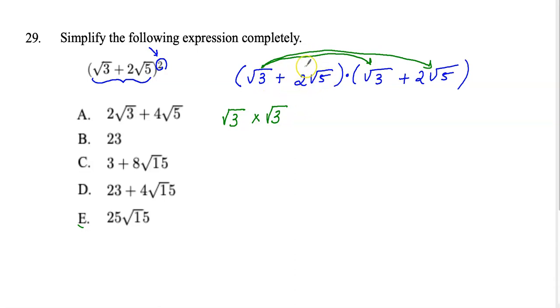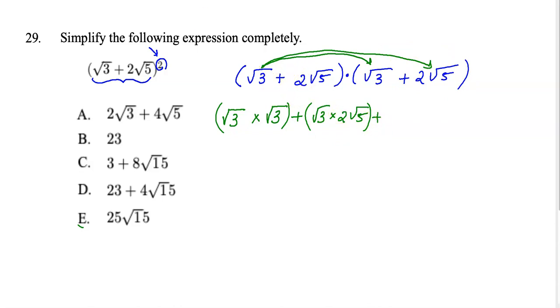Now I'm going to take this piece, and it's all addition here, so I'm going to bring down a plus sign now. Now I'm going to take this square root 3 times this piece. So it's going to be square root 3 times 2 square root 5. I'm going to put parentheses in just to make it easier to read. So first I took this square root 3 times square root 3 here. Then I took this square root 3 times this, 2 square root 5. I wrote it here.